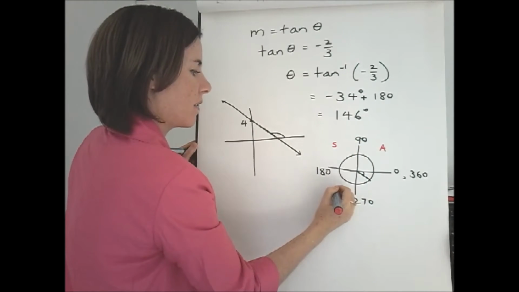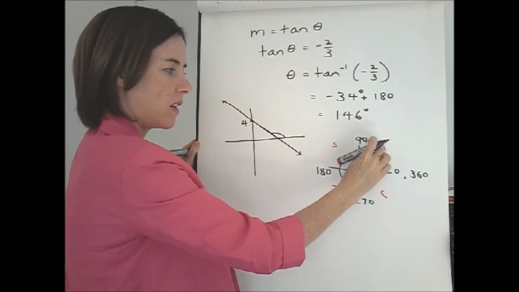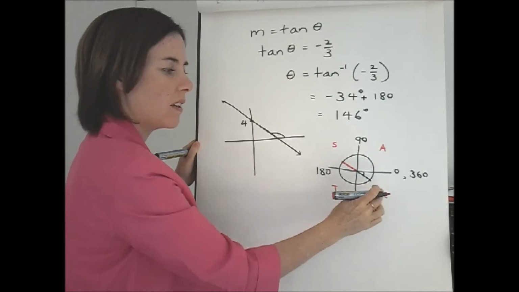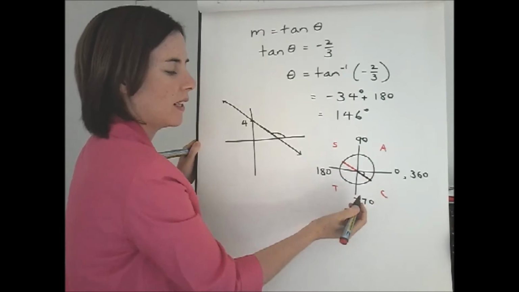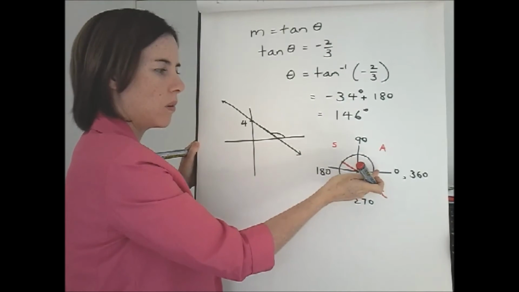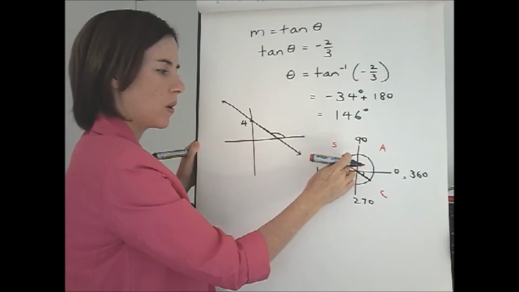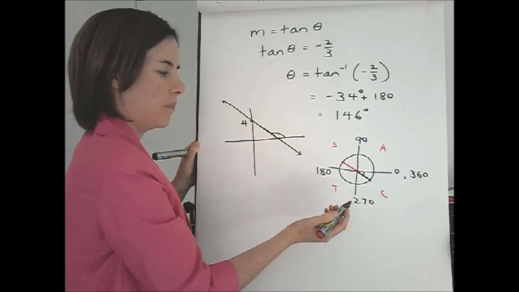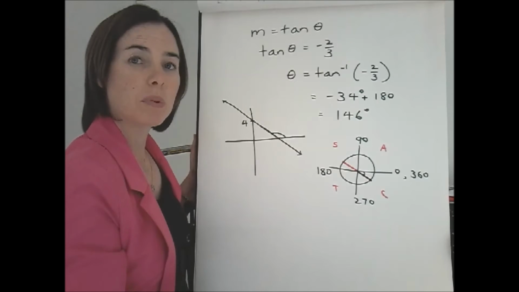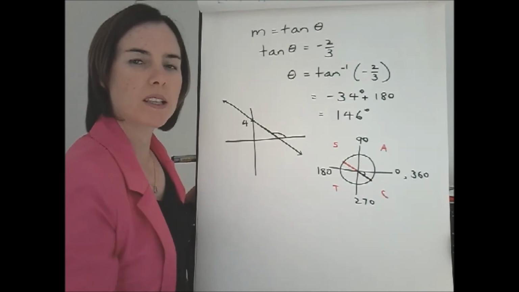A, S, T, C. Tan will be negative. Positive there, negative here. So it could be there. Positive there, negative there. And that's what the calculator came up with. We want this one. We want a bit bigger than 90, but less than 180. We want that. So that's why we have to add 180 degrees on, because instead of being in the fourth quadrant, we want our angle to end up in the second quadrant.